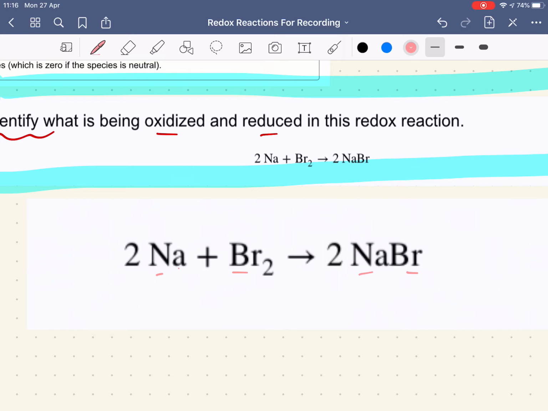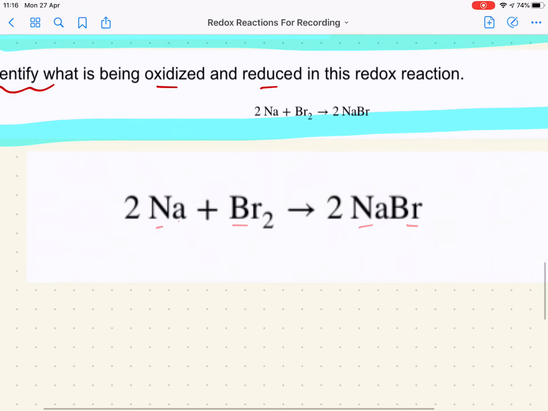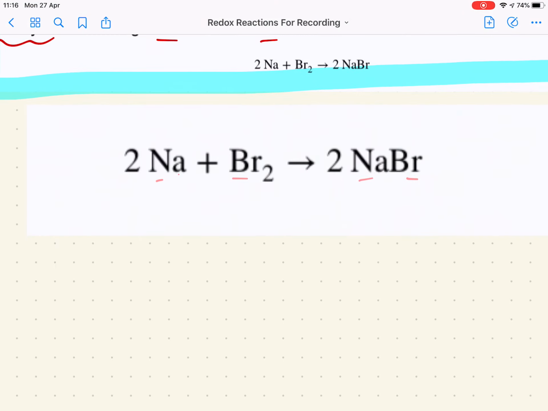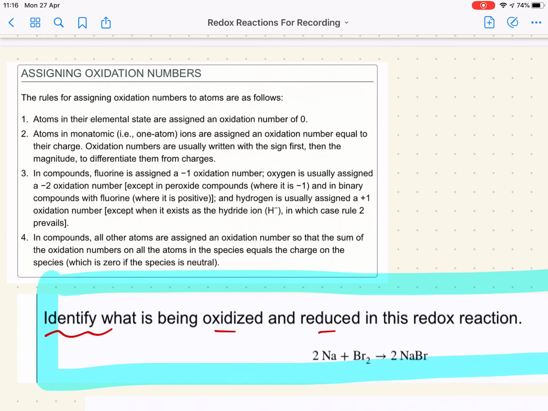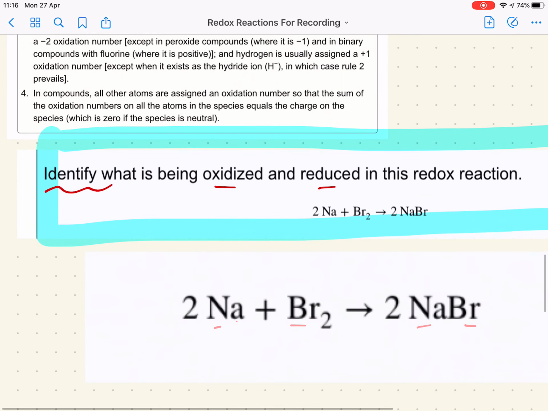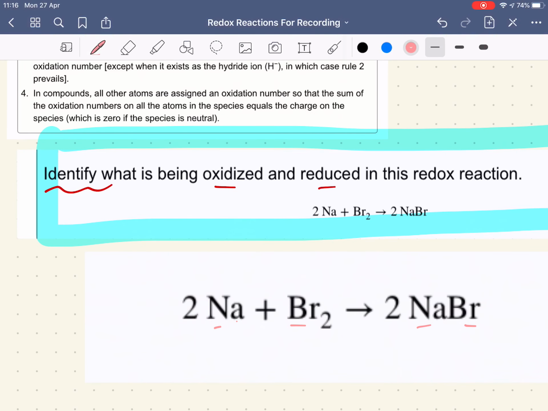Okay, so what are the oxidation numbers for each of these? Use the rules that we've got. Starting with sodium, rule 1 says that atoms in their elemental state will be 0. So let's put a 0 down. How about the bromine?